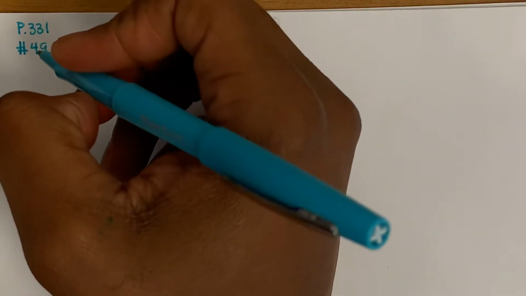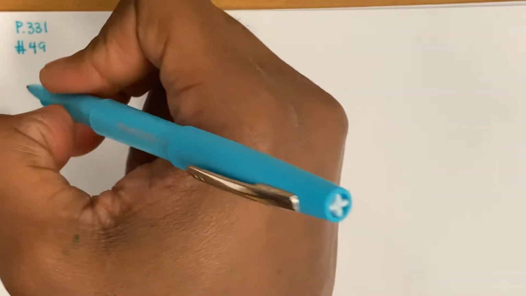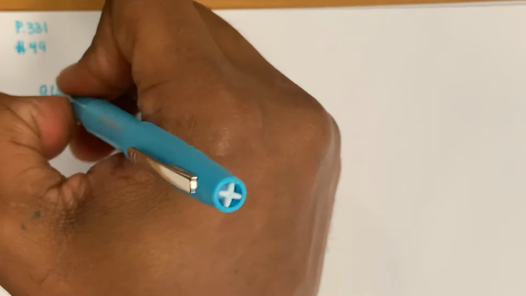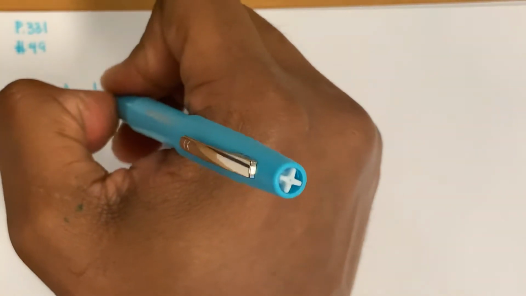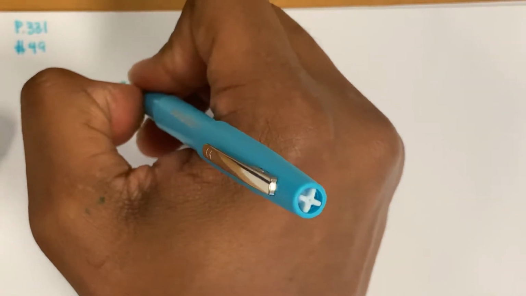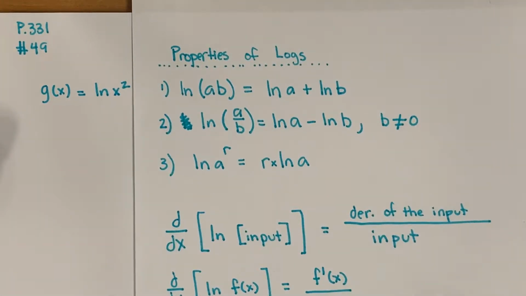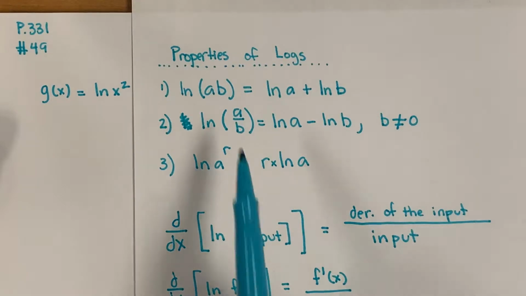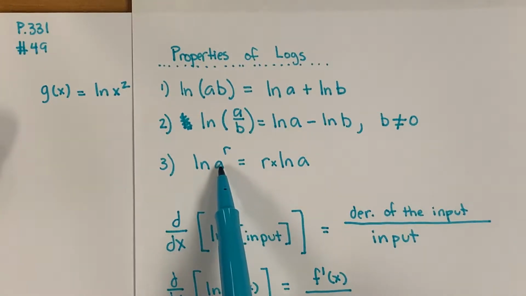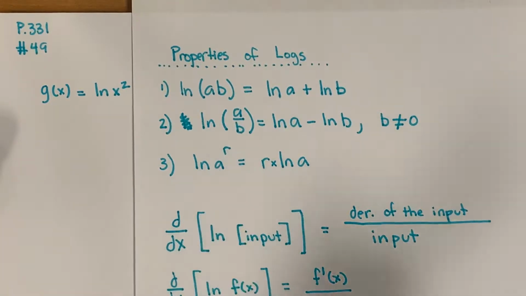We have the function, let's say, we start out with g of x equals the ln of x squared. Now, if we apply our properties of logs, we see we have the ln of some base raised to a power.